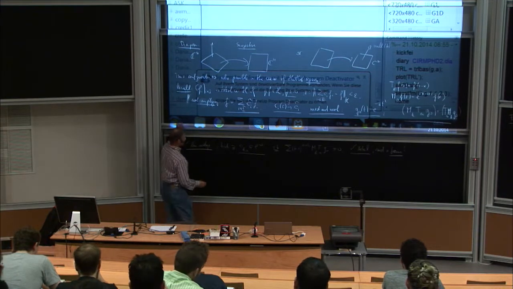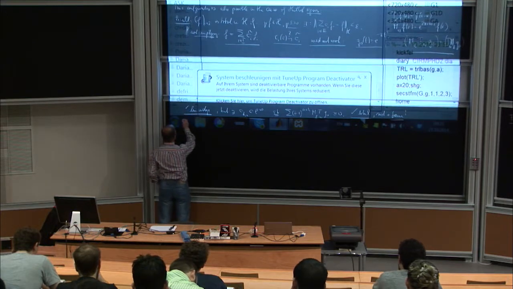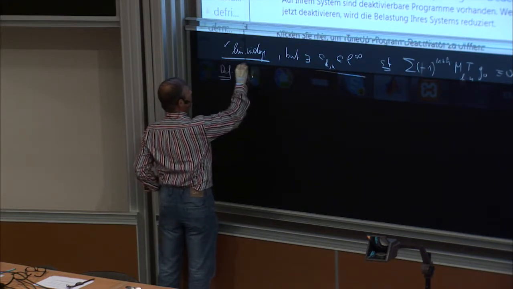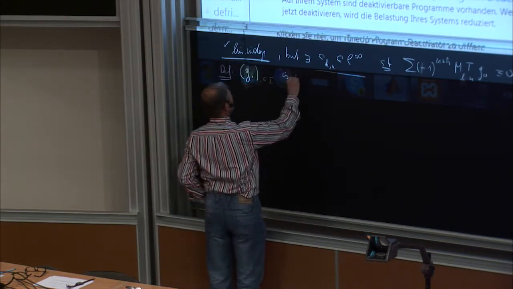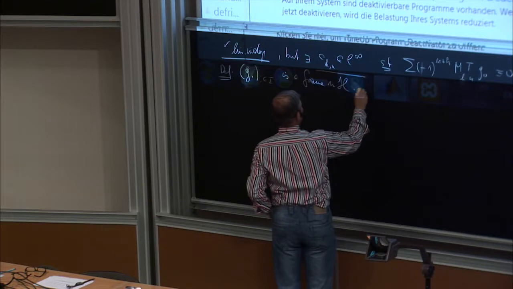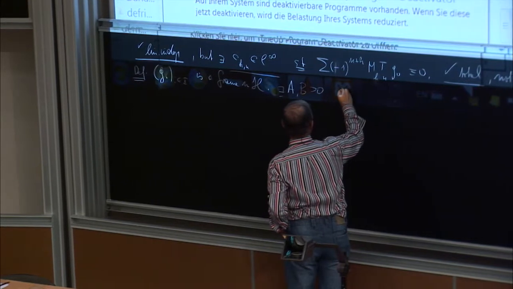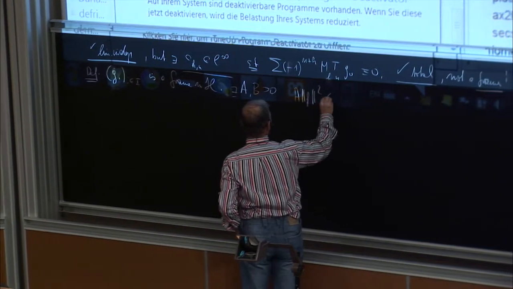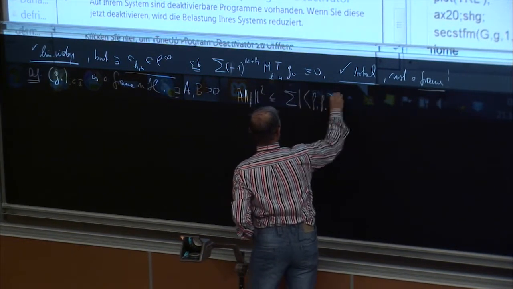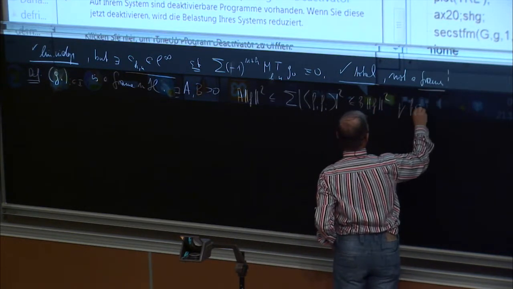And now we come to the formal definition. You all probably know this definition. A family, I call it g_i, i in I, is a frame in a Hilbert space if and only if there exist some positive constants, that's the traditional setting, A and B, such that A times the norm of f squared is less than the sum of the squared coefficients that you get, |<f, g_i>|^2, which is less than B times the norm of f squared, for all elements f in your Hilbert space.